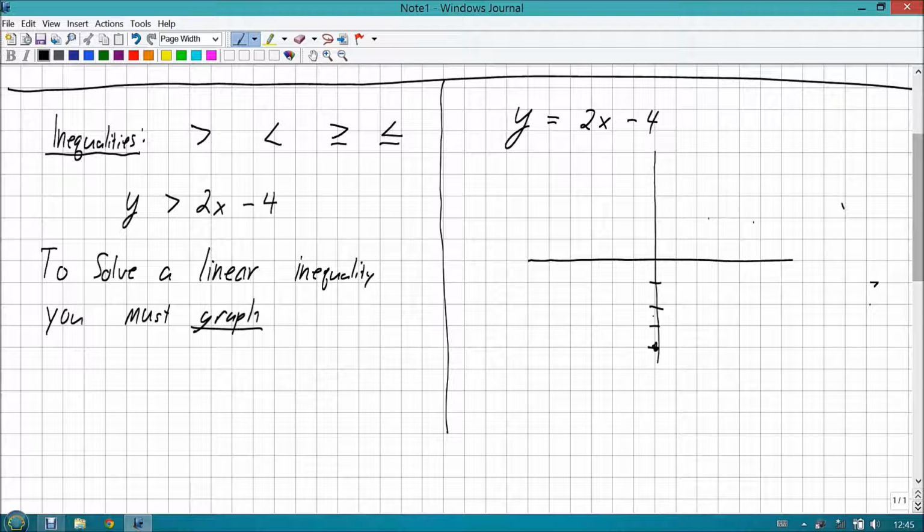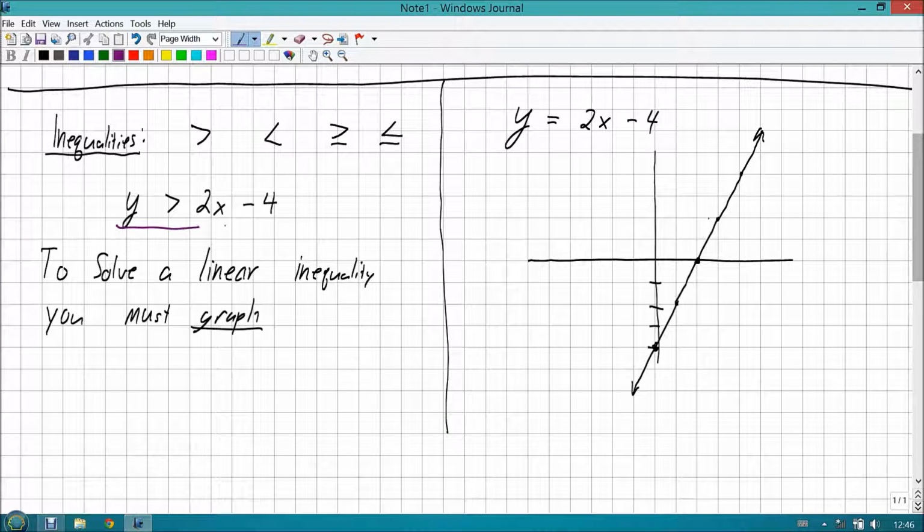My slope is 2, so I rise 2, run 1, rise 2, run 1, rise 2, run 1, etc. And then I would draw a solid line in between each dot. So this is what we would call graphing the line y is equal to 2x minus 4.